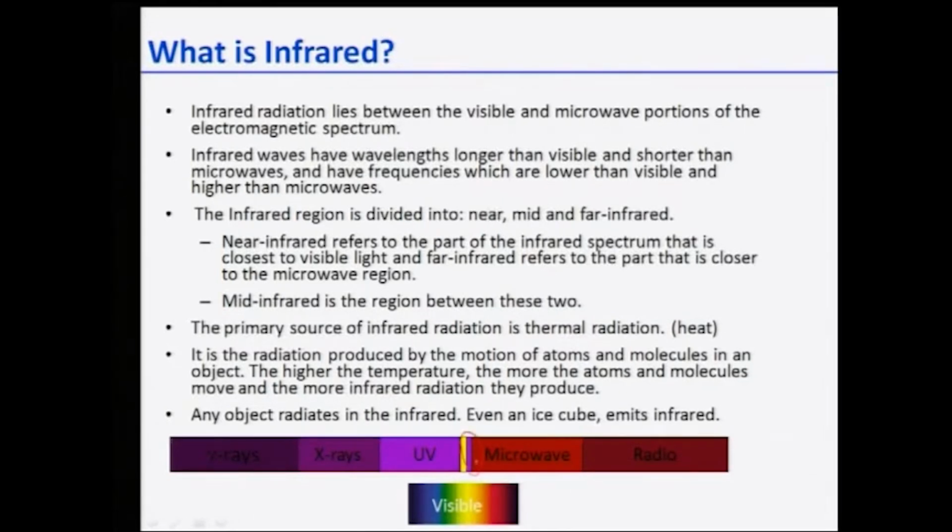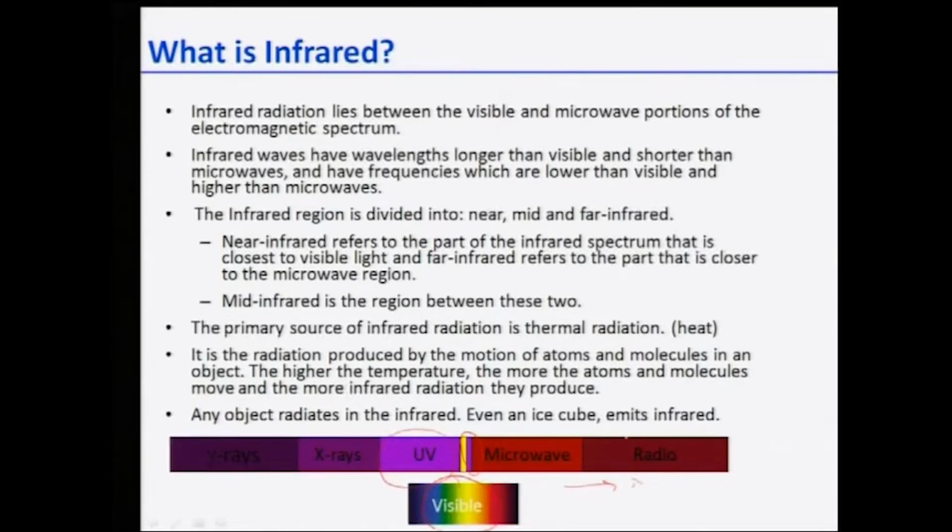We have already discussed UV and visible spectroscopy in the last class. Infrareds normally have higher wavelengths than the visibles, as wavelength increases in this direction, and the frequency decreases as you go from UV to microwave and radio.